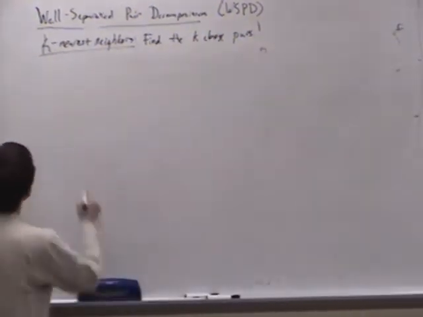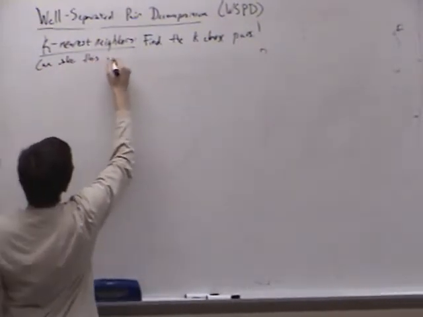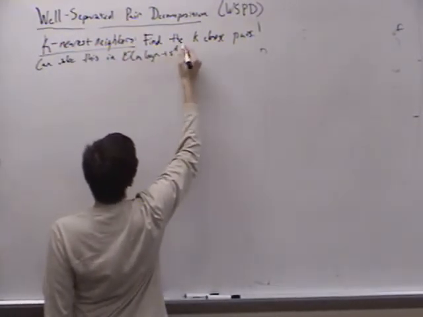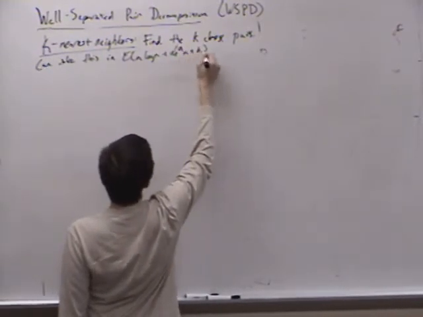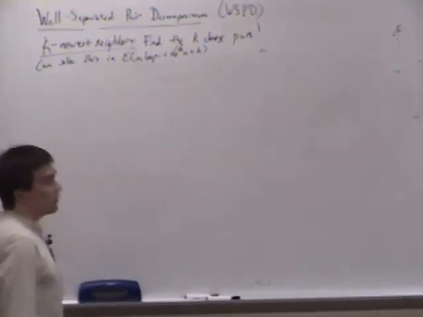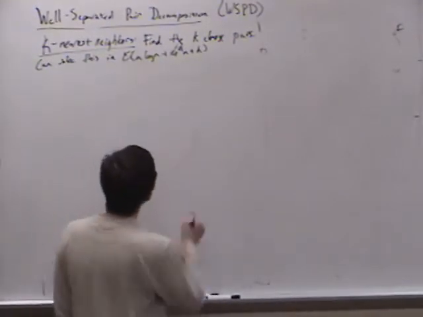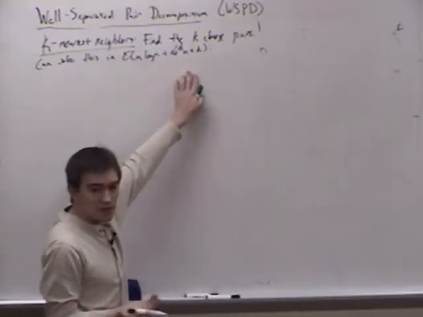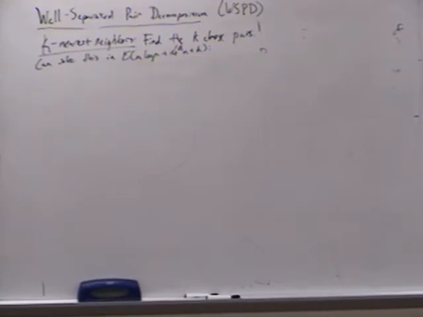It turns out we can solve this in order n log n plus 4 to the d n plus k by building a four-separated, well-separated pair decomposition. So just an order 4 well-separated pair decomposition. Here's how we do it, which for k substantially less than n squared is a pretty good improvement. So if k is less than n squared points, we'll get there pretty quick.